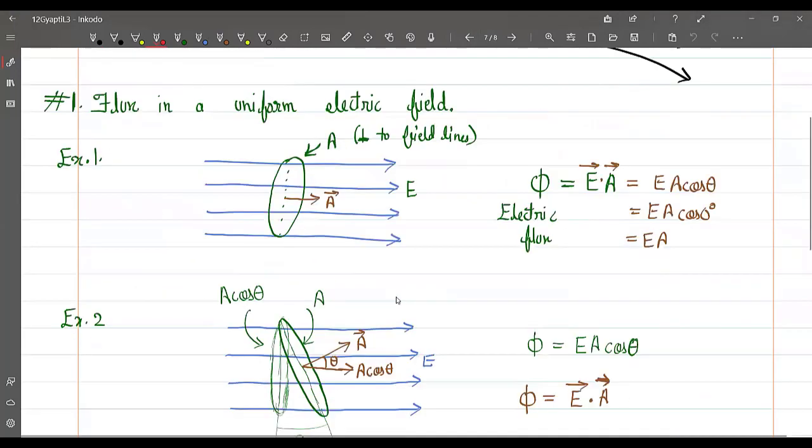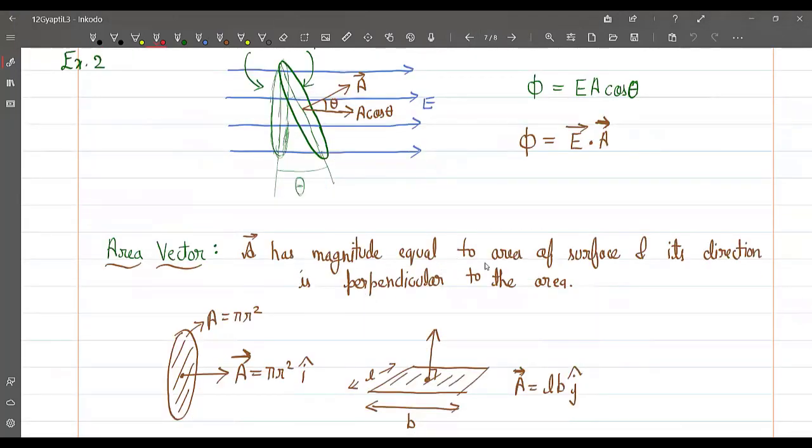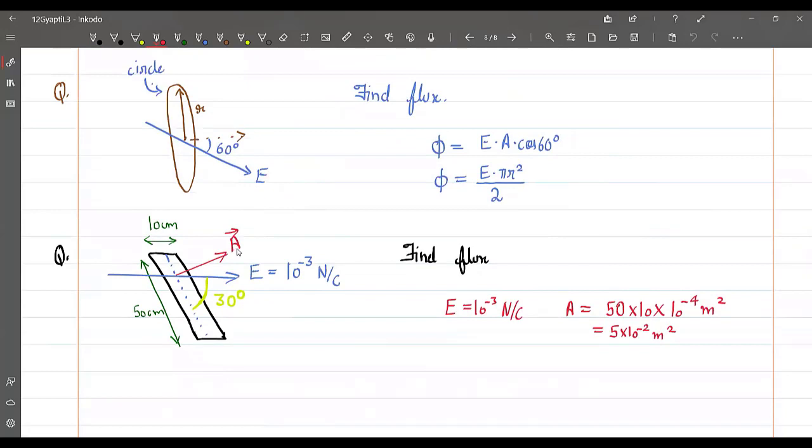Area vector has magnitude equal to the area of surface and its direction is perpendicular to the area. I was always drawing area perpendicular to this original area.